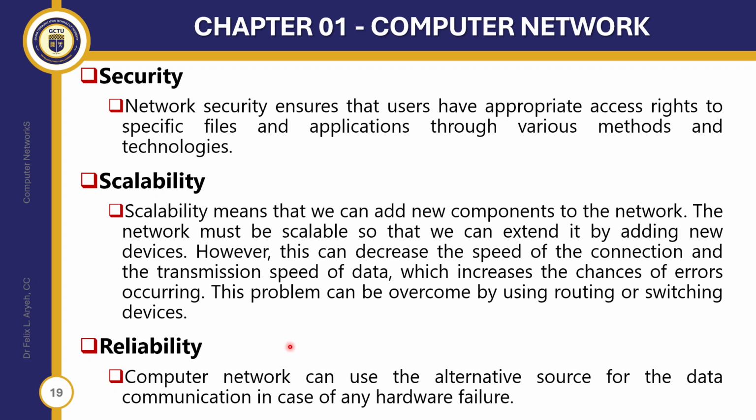Reliability is also one key thing in computer networks. So a computer network can use an alternative source for data communication in case of a hardware failure. Now, most network administrators always have more like a backup somewhere in case one of their hardware fails.